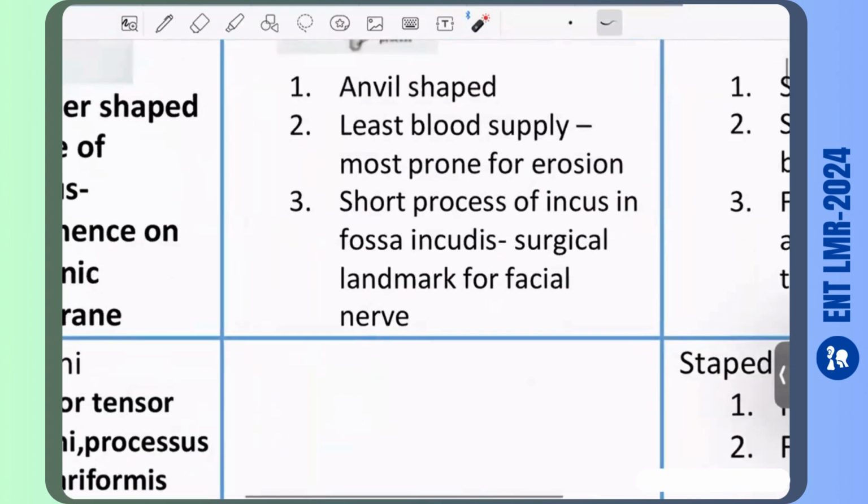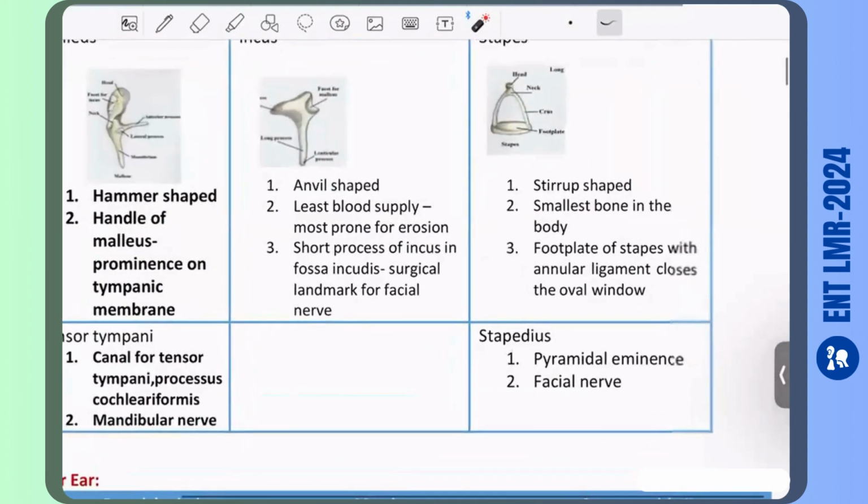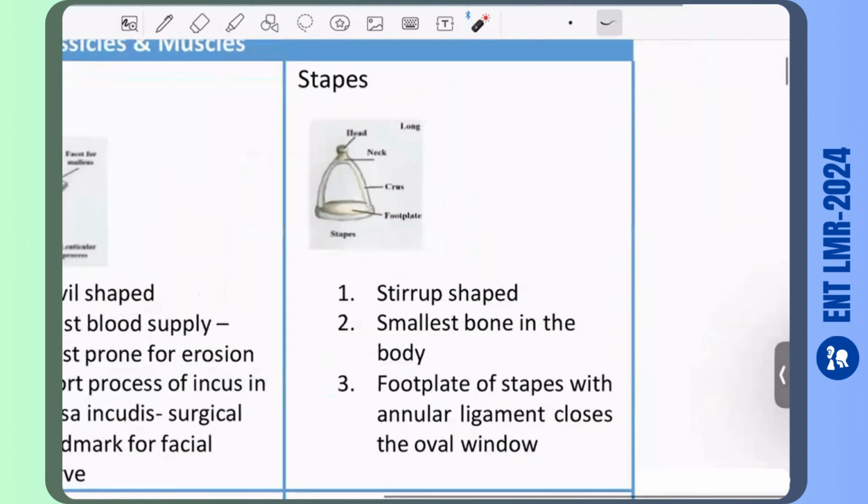Short process of incus sits in the fossa incudis, which is a surgical landmark for facial nerve. Very, very, very important. So look into the stapes.